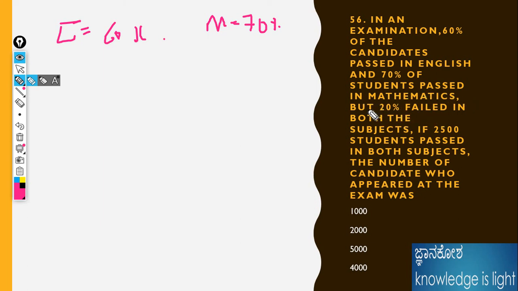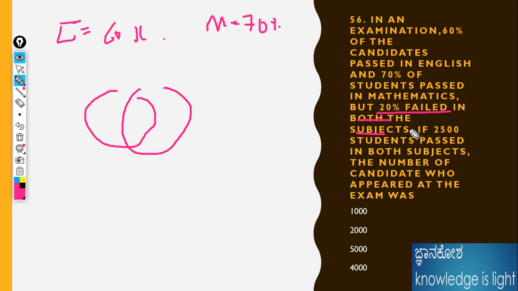But 20% failed in both. They mentioned the passed as well as the failed percent here, so please be careful when these kinds of problems come in the exam. If 2500 students passed in both English and mathematics, they gave the number, not the percentage.